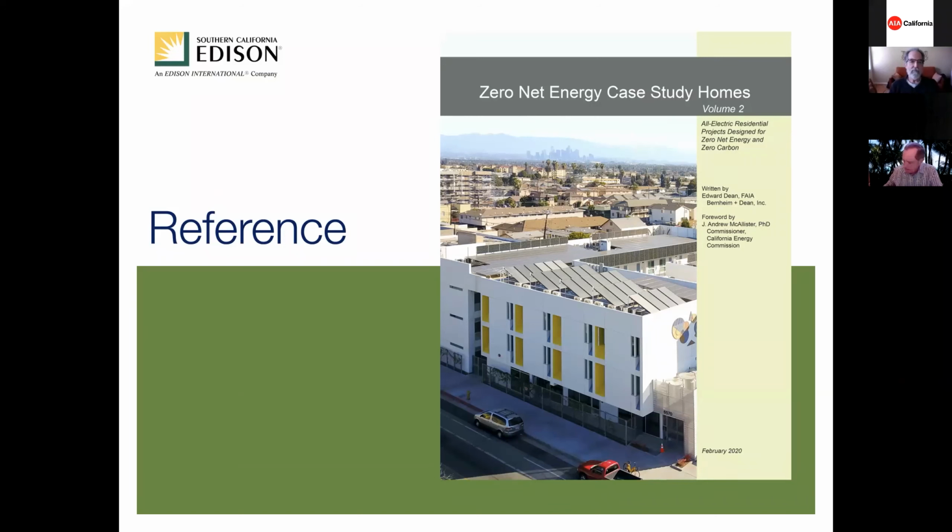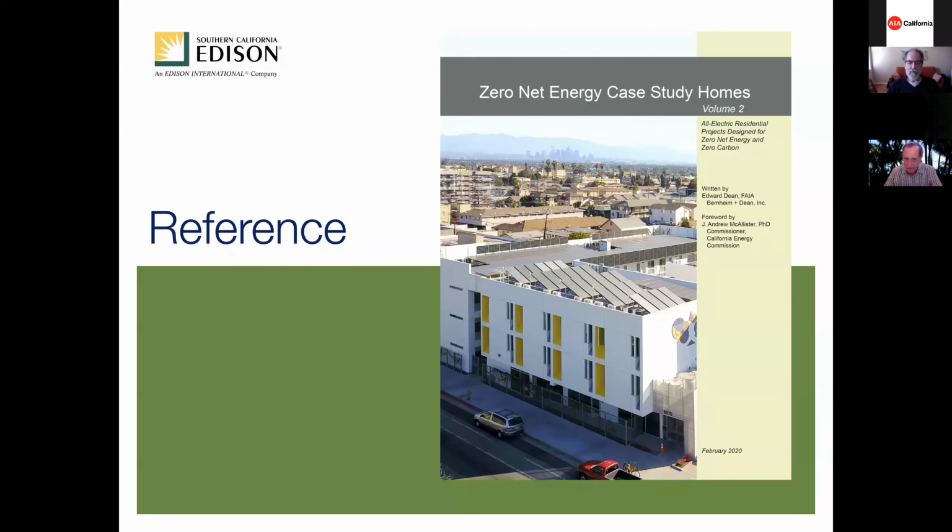We selected three of them, which are all electric buildings. The idea, of course, being that the state is moving toward decarbonization, zero code, and by 2045, the utility grid has to be totally decarbonized according to the governor and the legislature. That's the intention.